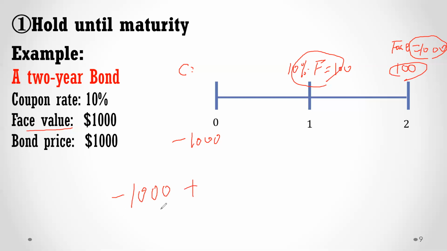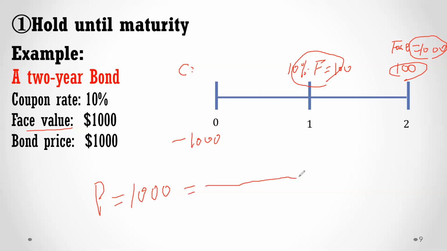At time 0, the bond price is 1,000. Sorry, let me erase. Okay. Bond price equals 1,000, equal to the present value of future cash flow, right?